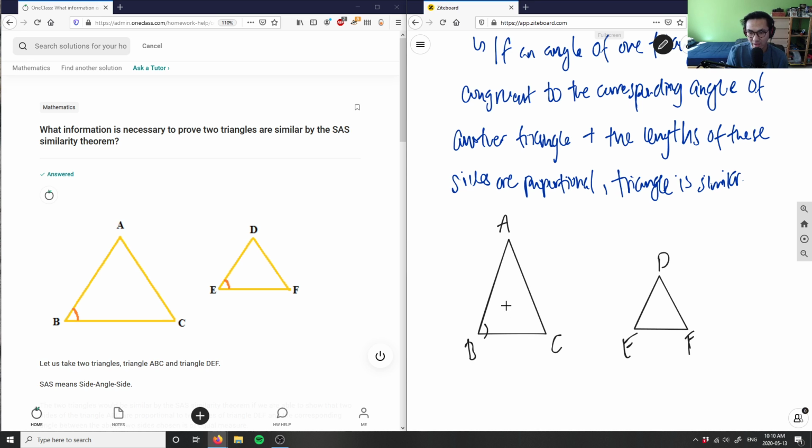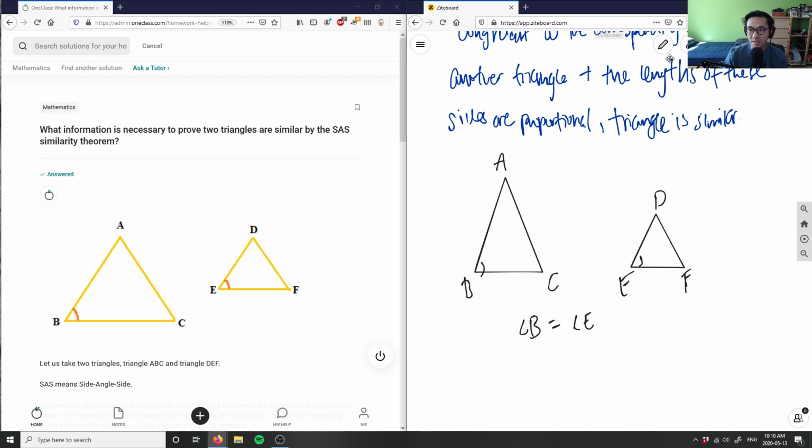It's asking us if I have an angle at B here, if angle B equals angle E here, and if the two sides, AB and DE, are proportional, so if AB over BC equals DE over EF, or you can flip this and the reciprocal will be true, then these two triangles are similar, right?